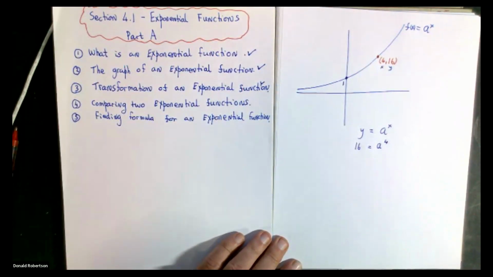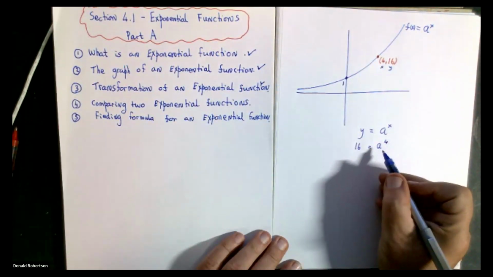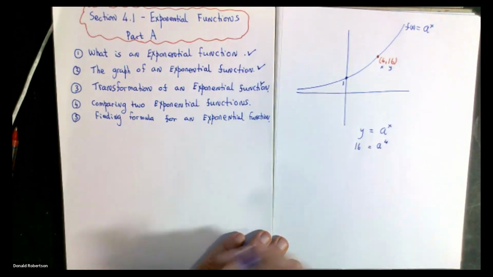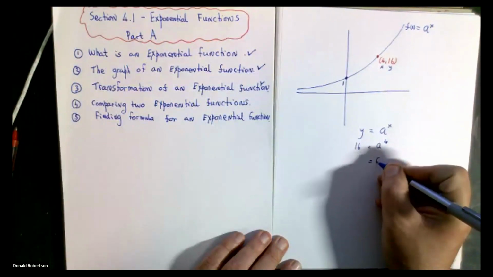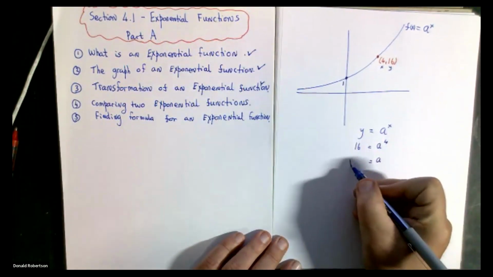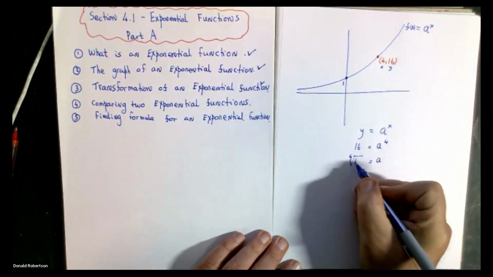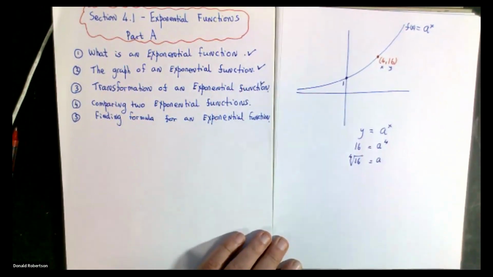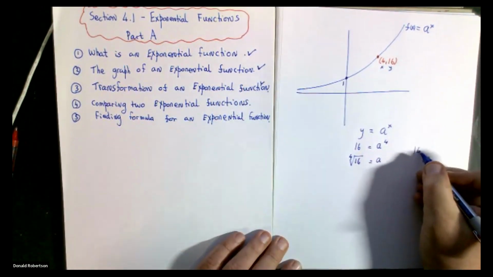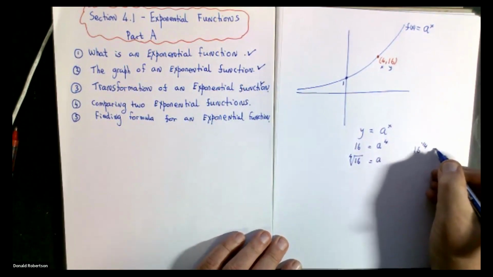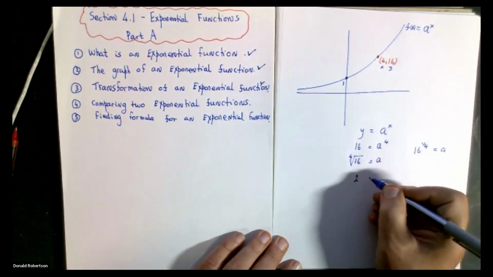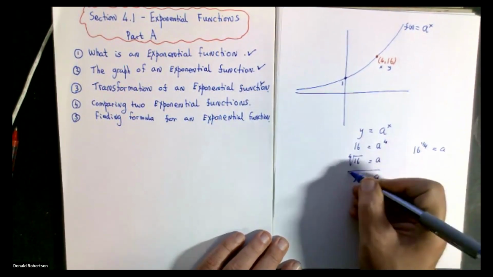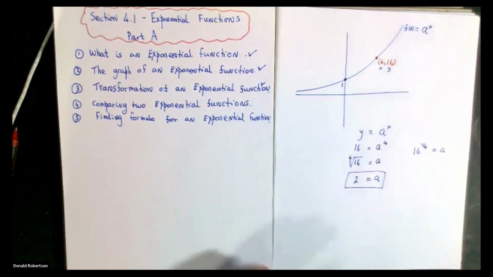And then I just need to figure out what number a would need to be to get 16. Well, as long as you do it to both sides, it's okay. So what about finding the 4th root of 16? Or if you prefer, 16 to the power of a quarter. And if you do that on your calculator, you get 2.